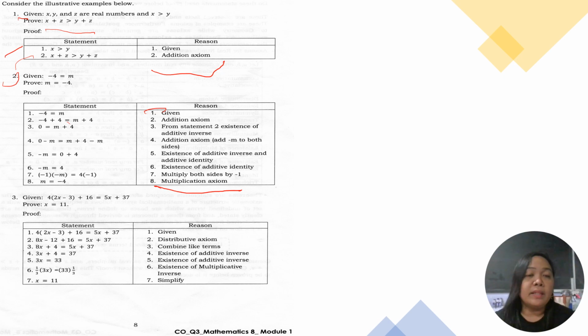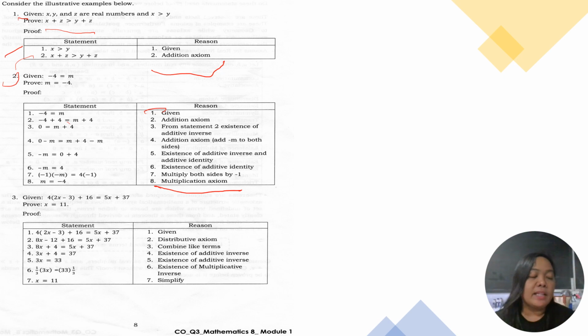Shall we make statement number 3? That is to simplify our statement number 2 by combining similar or like terms. Okay, what are the similar terms there? We need to combine negative 12 plus 16. That would give us positive 4.